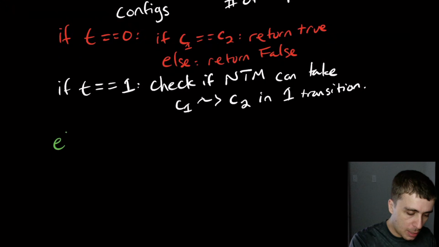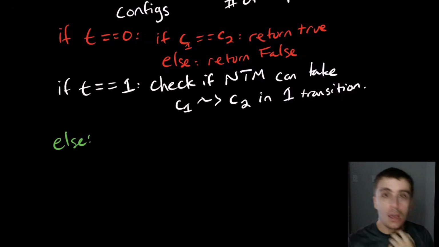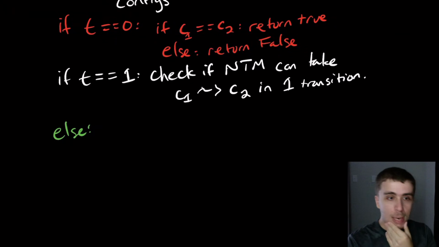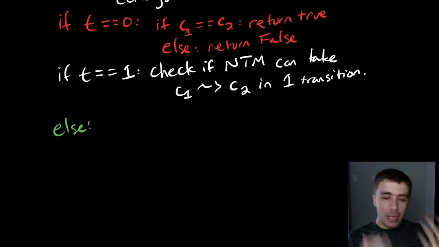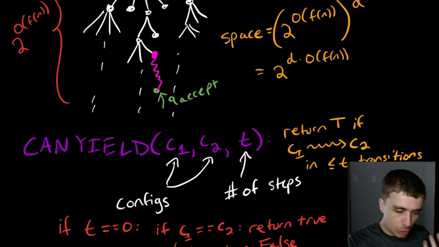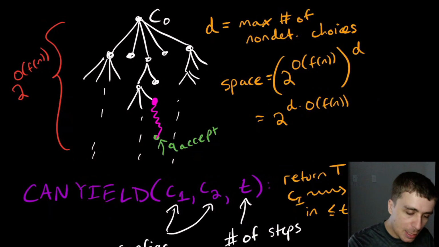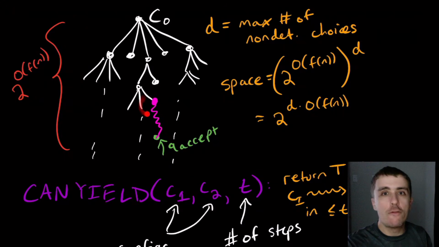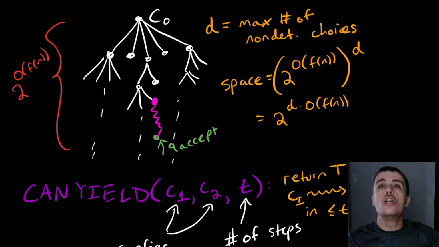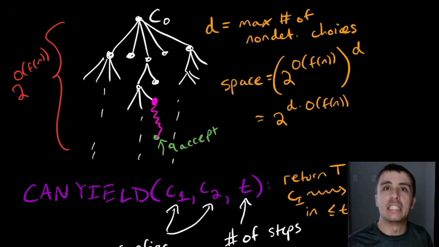So otherwise, what are we going to do? Actually, I should back up. So this pink node right here, I have no clue where it is. It could be right here. It could be over here. It could be way over here. We have no clue where it is. So let's just try all of them using f of n space.